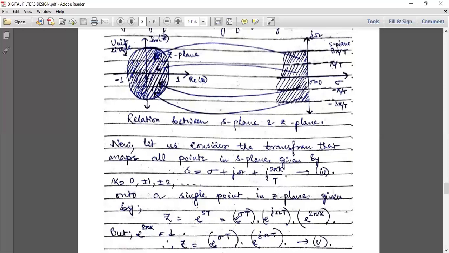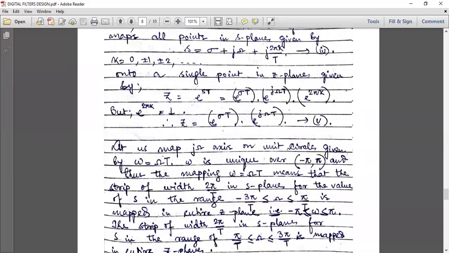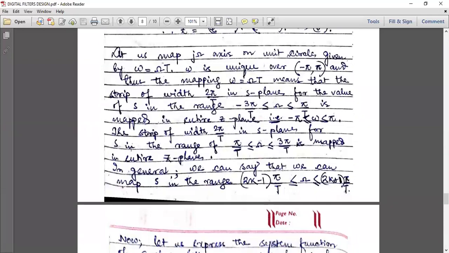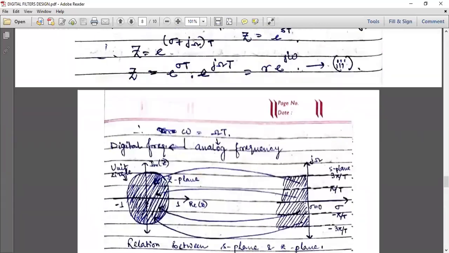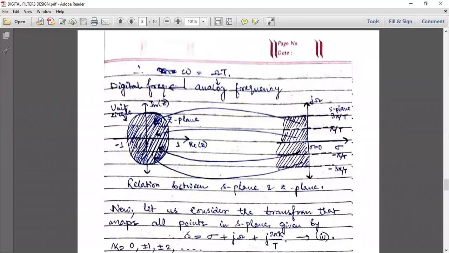But you see, e to the power 2 pi k is 1. Therefore, z will be e to the power sigma t into e to the power j Ohm t. Clear? Now, let us map the j Ohm axis on unit circle given by omega equal to Ohm t. I have mapped already the j Ohm axis, S-plane, basically.